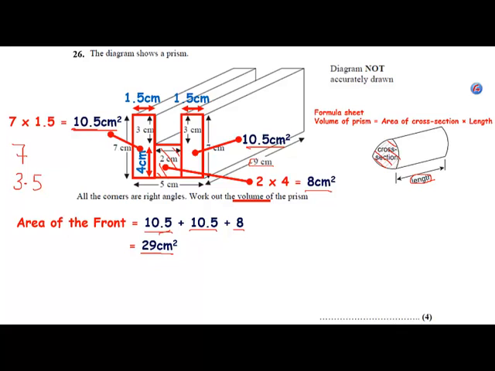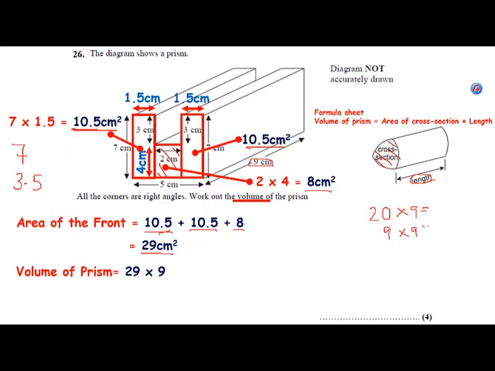We've been given that length here, the 9. So the volume of the prism is going to be 29 times 9. Now a lot of people are going to look at 29 times 9 and think, what do you do? Break up the 29 into 20 and 9. 20 times 9 and 9 times 9.